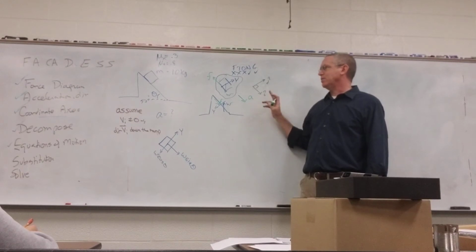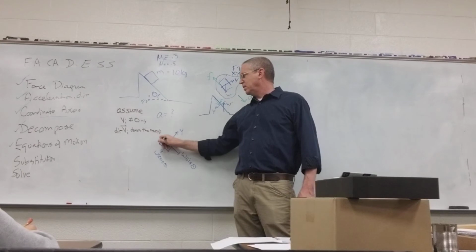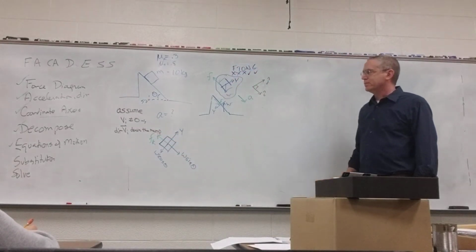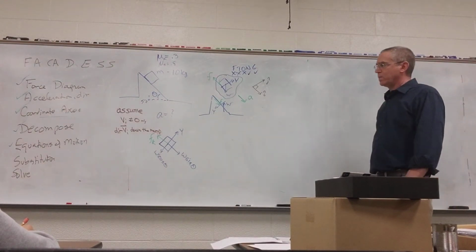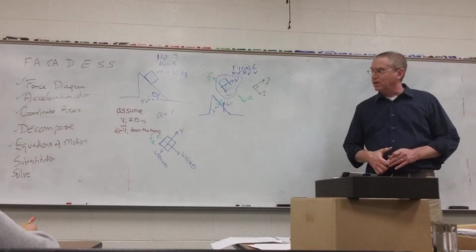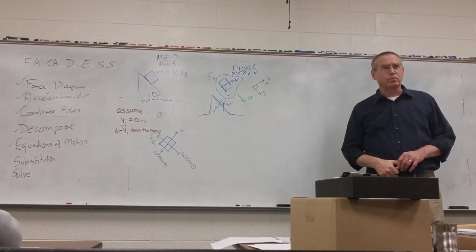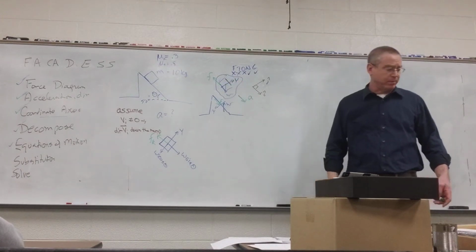Acceleration is still the same. Coordinate axis is still the same. Decomposition is still the same. All that's changed is we've added this friction on the box up the ramp. And that gets us through decomposition. We don't have to break friction up because it's in the negative I hat direction, so nothing to break up.